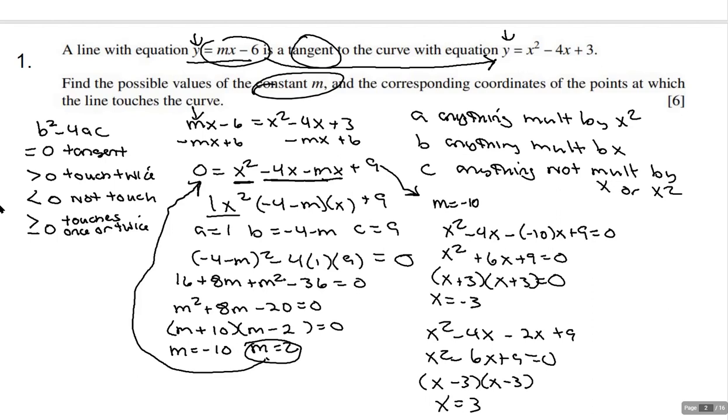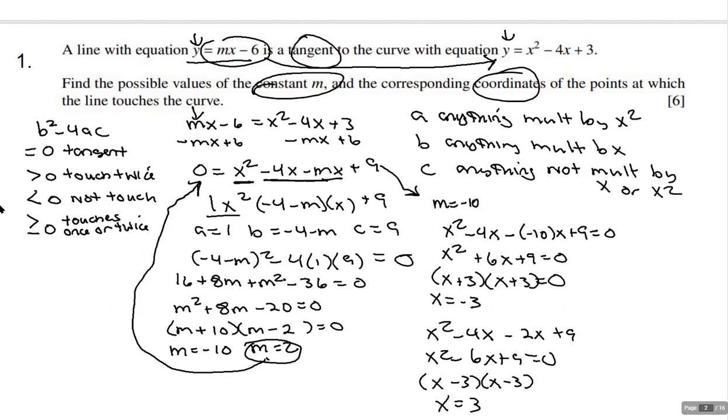And keep in mind, they asked specifically for the coordinates, so I still haven't answered their question yet. They want to know the y values that go along with these. What I'm going to do is plug it into the easiest one. I'm going to plug it into the linear equation, and avoid plugging it into this one.